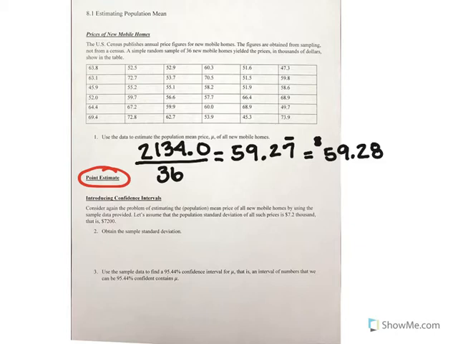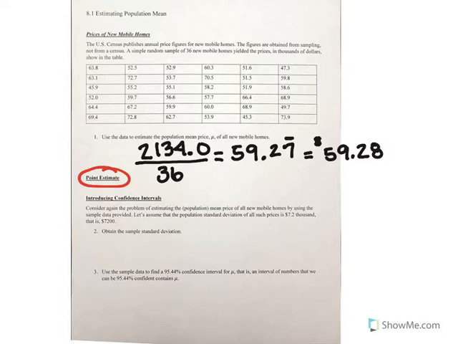Now, if you look down here where it says introducing confidence intervals, it says consider again the problem of estimating the population mean of the price of all new mobile homes by using the sample data provided. Let's assume that the population standard deviation of all such prices is 7.2 thousand, that is 7,200.